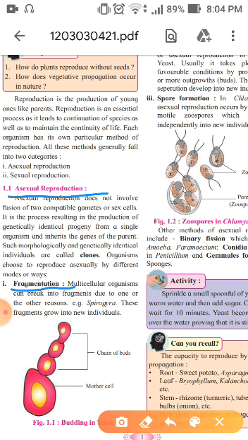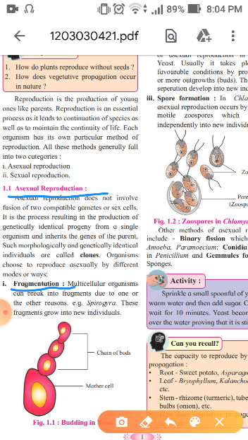For example, Spirogyra. A multicellular organism can break into fragments due to one reason or another. Spirogyra is a filamentous alga. These filamentous algae will break down into small pieces known as fragments, and the fragments of Spirogyra will again reproduce into new individuals and create their generation. So these fragments grow into new individuals.